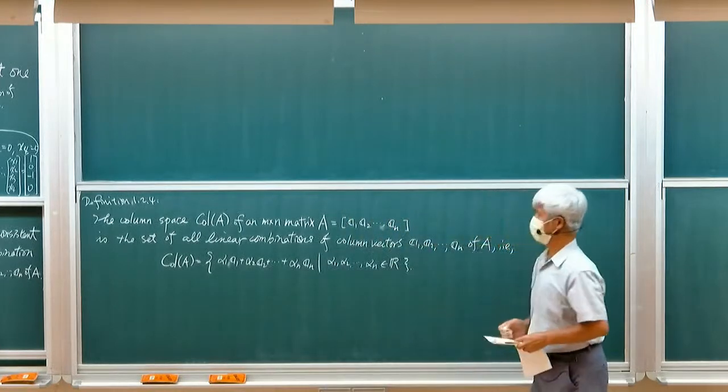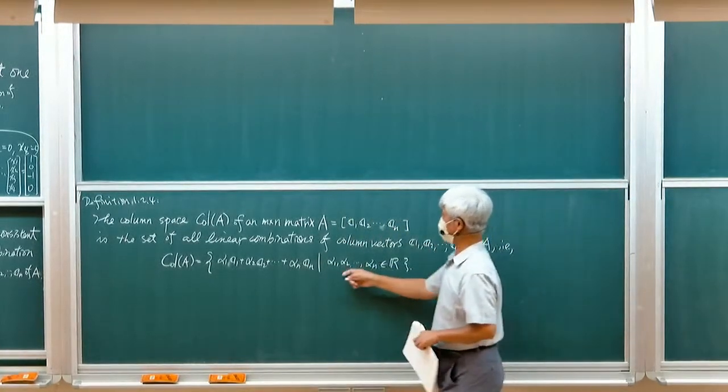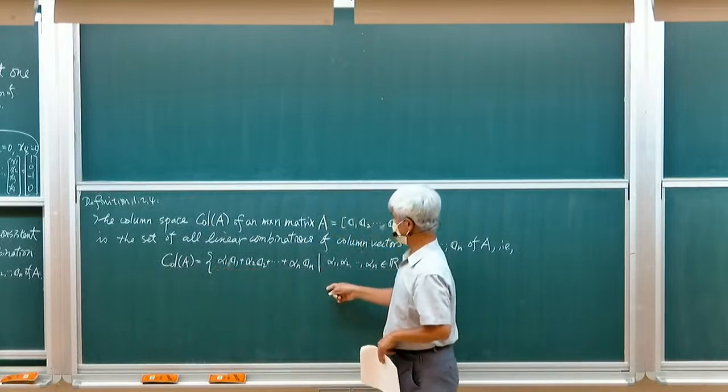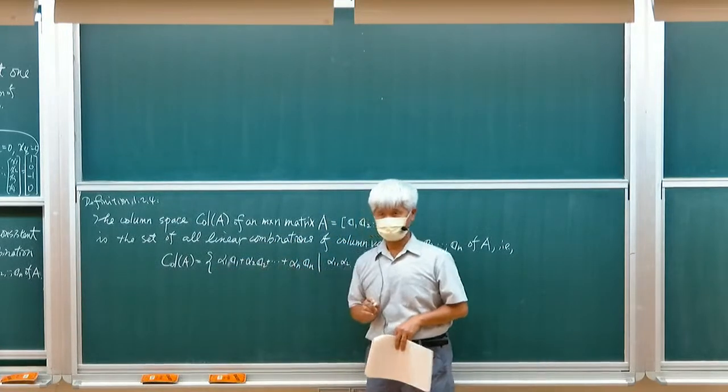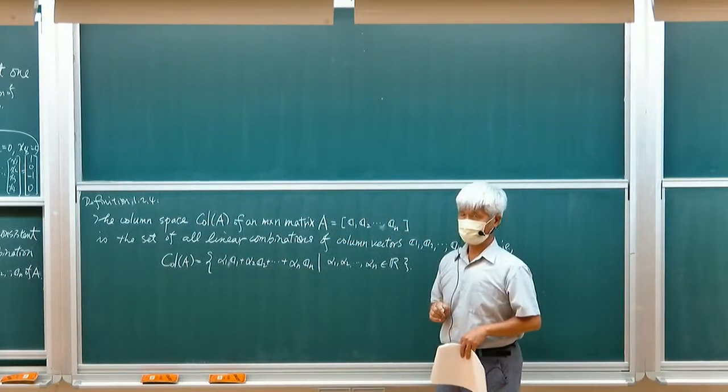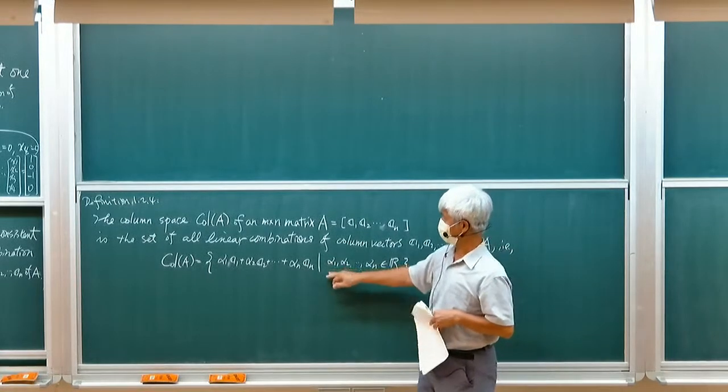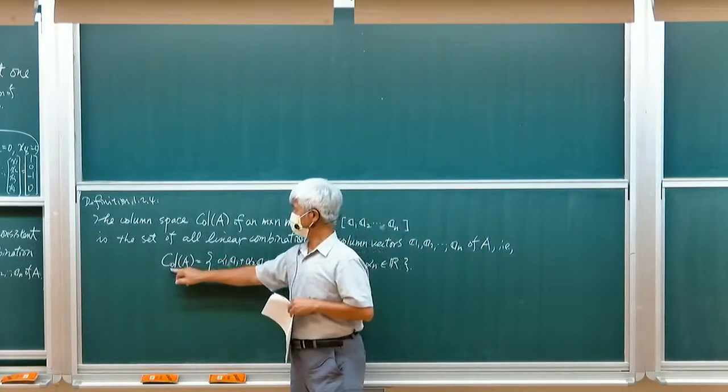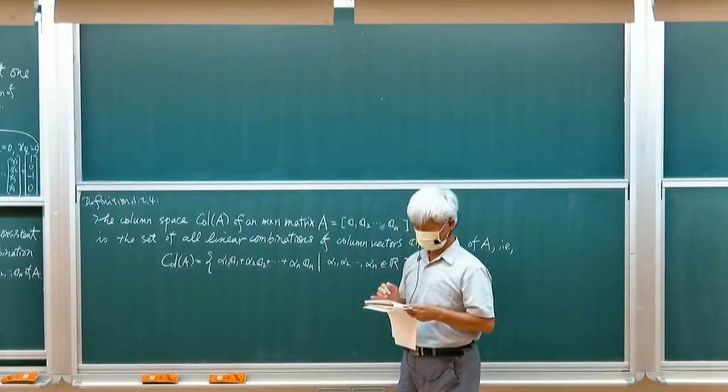So you select all possible scalars to form all possible linear combinations and collect them together into a set. This set is called the column space of A.